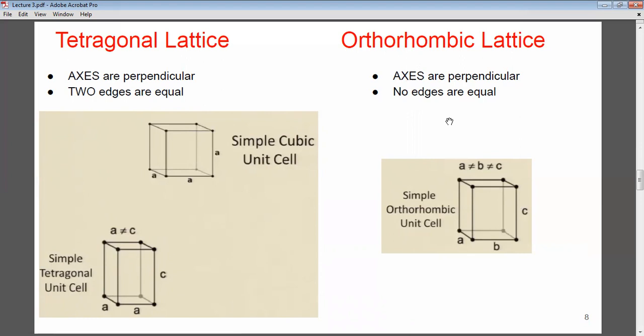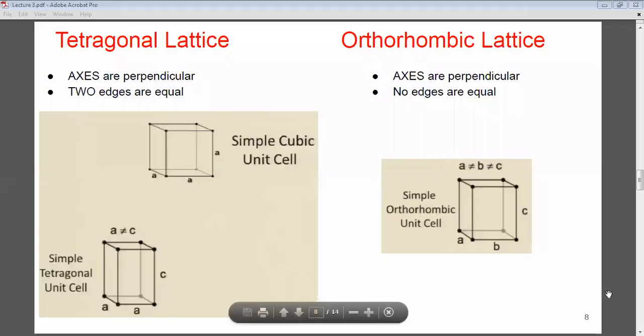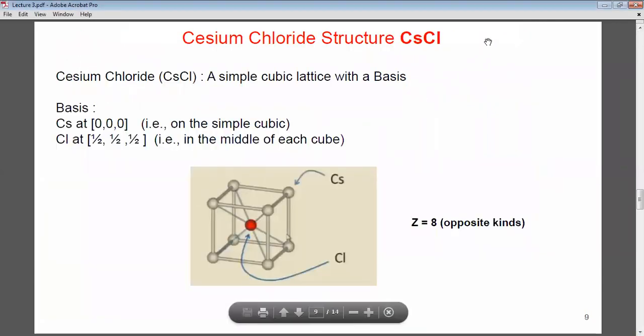Now, although simple cubic is extremely rare in nature, there are things that are based on simple cubic that are quite common. So we need to know about the simple cubic lattice. The first structure we will be discussing is what is called the cesium chloride structure.